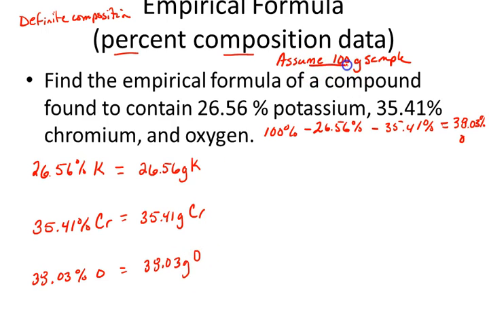Assuming a 100-gram sample makes the problem much easier. So then percentages are just converted directly over to masses in grams.